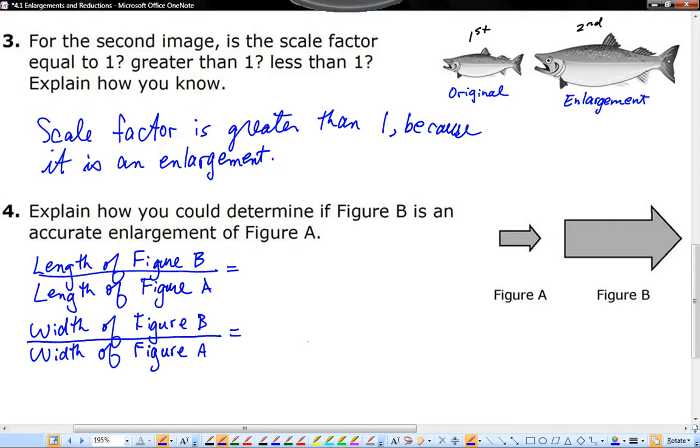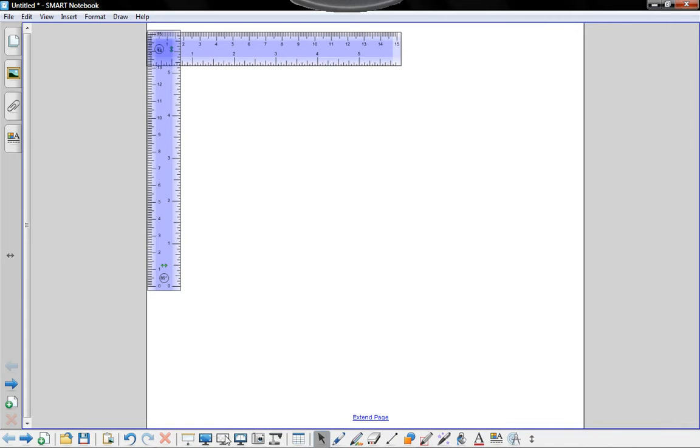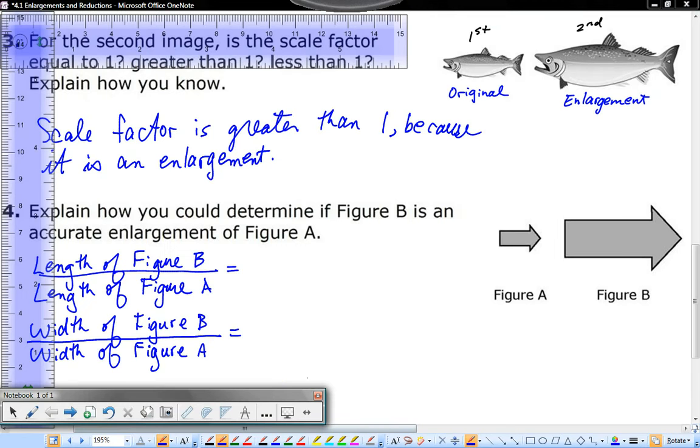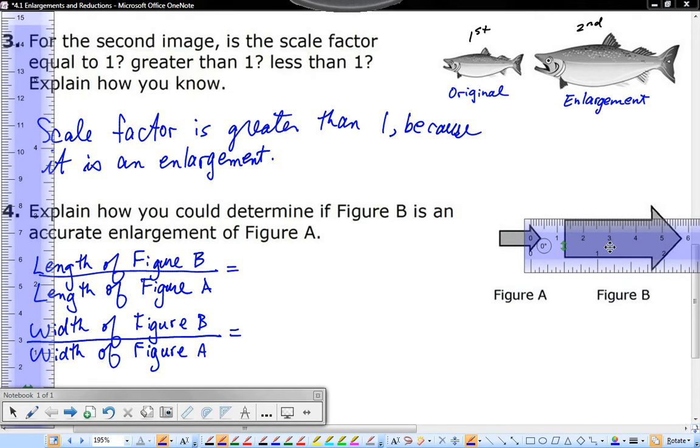Okay? So I'm going to need a ruler, and so I'm going to use this other piece of software to bring in a ruler, actually a couple of rulers. And so first of all, we're looking at the length of figure B. So I'm going to take this ruler here, move it into place, and just get this into position.